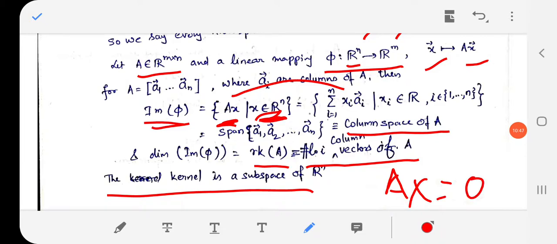So the non-trivial solutions of Ax = 0 are coming from the free variables. The kernel is the set of elements that are mapped to 0. For those x for which Ax comes out to be 0, this is the set of x's. Kernel is the set of such x.